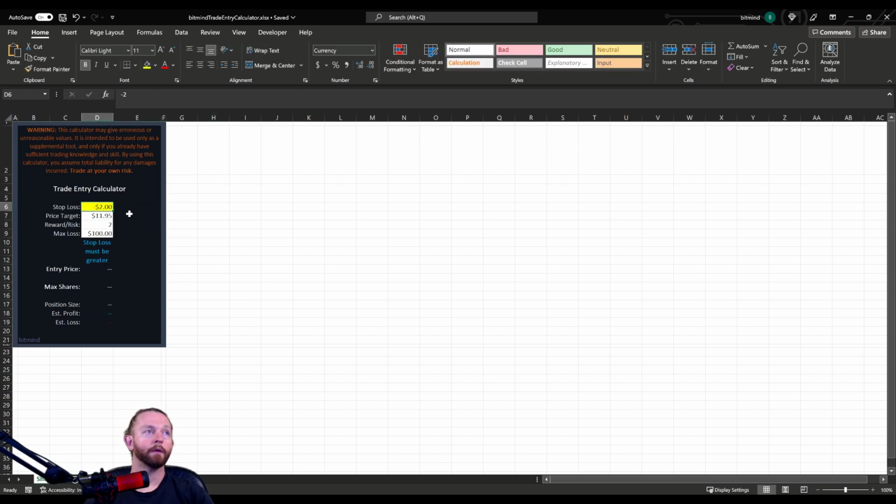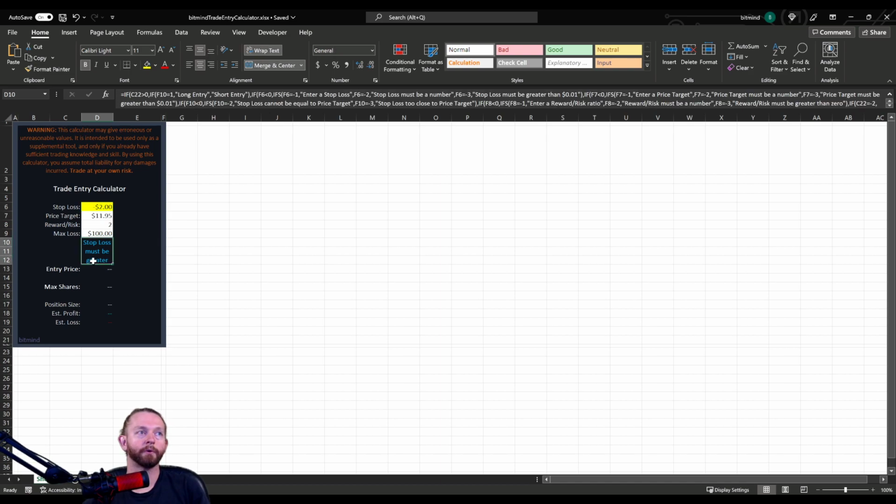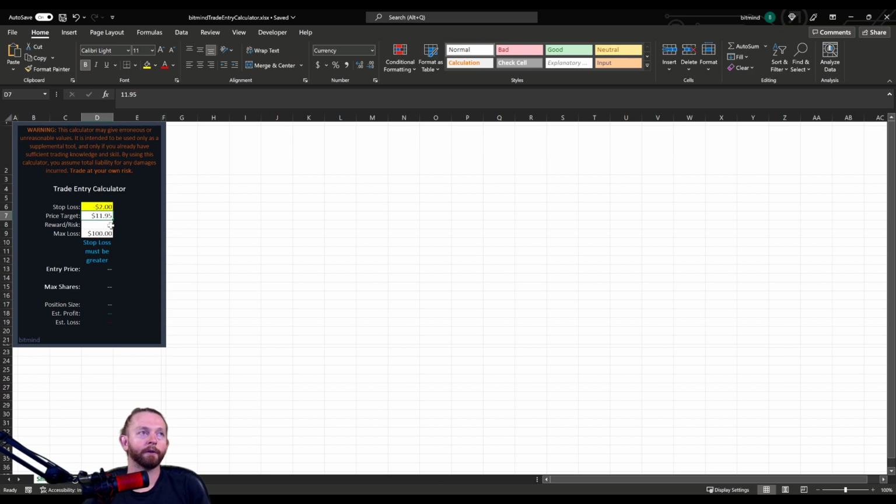So it can tell if a value is not what it's supposed to be. And I know Excel has built-in data validation. That didn't really work for my purposes here because I wanted to put custom messages. So that's just a cool little feature that I added to it.